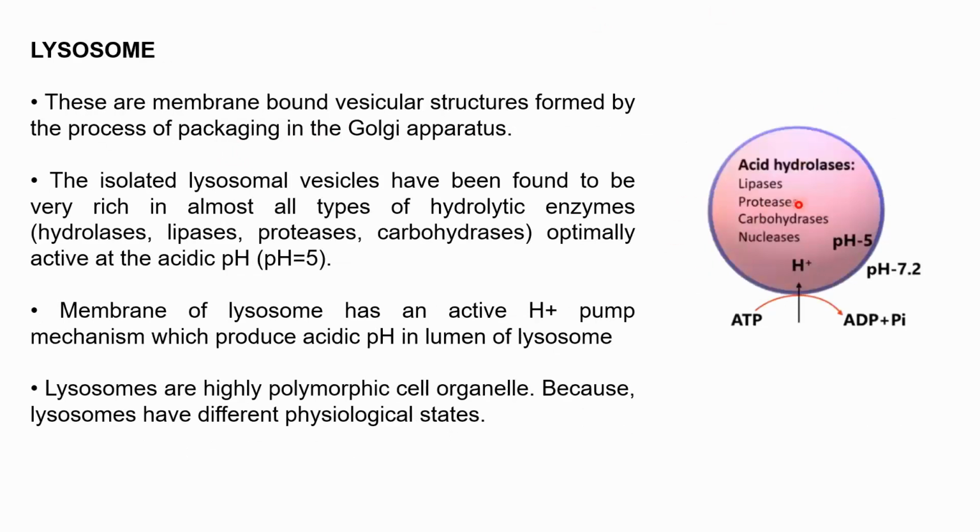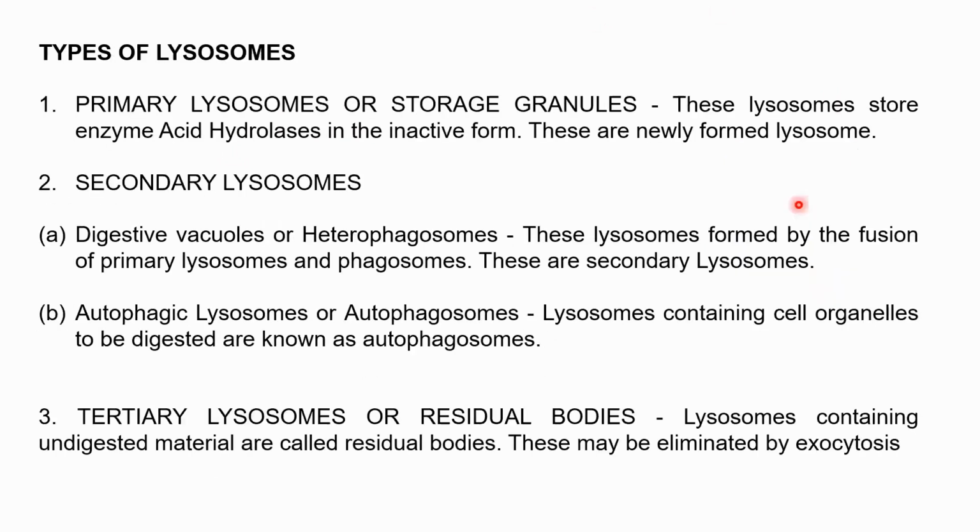These primary lysosomes store the enzymes, acid hydrolases, in the inactive form. And these are newly formed lysosomes. Primary, as the name suggests, means the new ones, and they store the acid hydrolases in the inactive form.